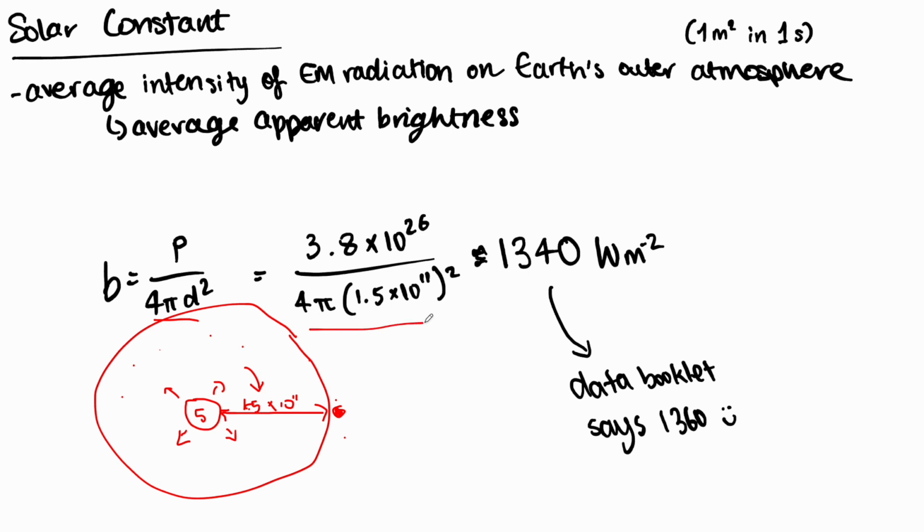And I also did a very quick Google search of the power emitted by the sun, which is 3.8 times 10 to the 26 watts. If you plug that into the calculator, you get approximately 1,340 watts per square meter. I thought it was a pretty good estimation, considering in the data booklet it says it's around 1,360. So considering the rounding errors, I think that's pretty good.